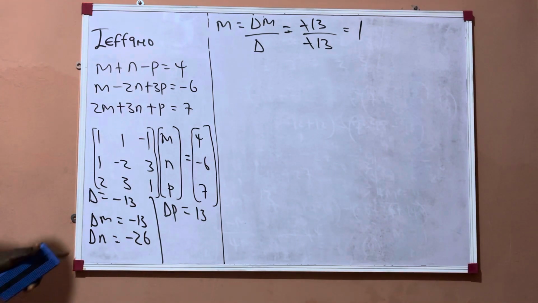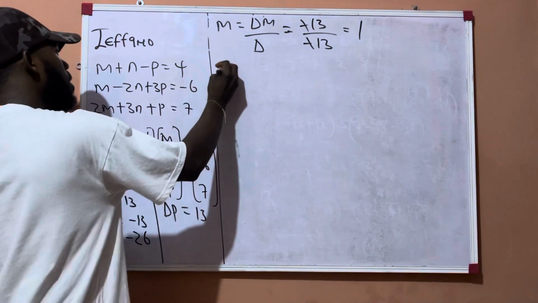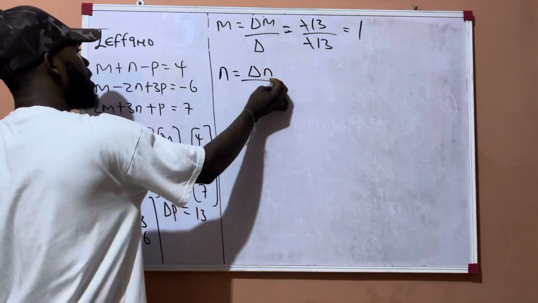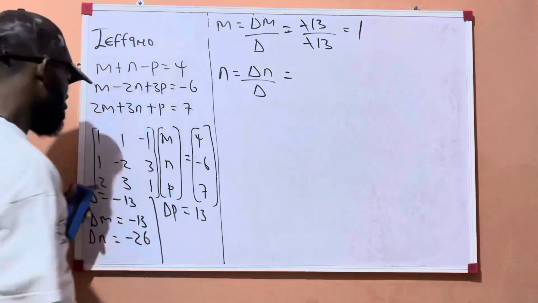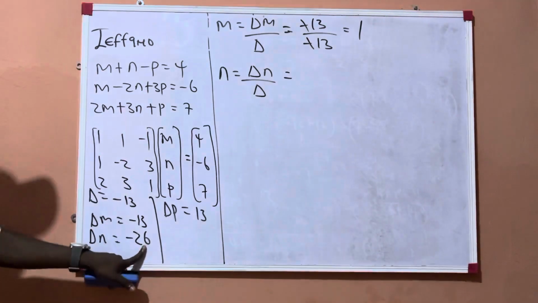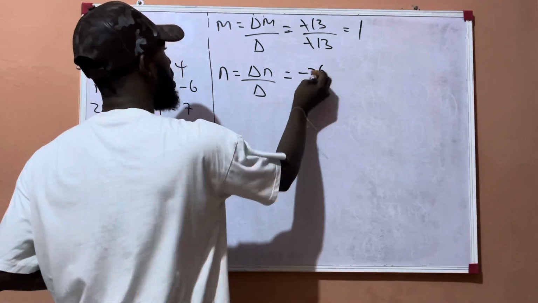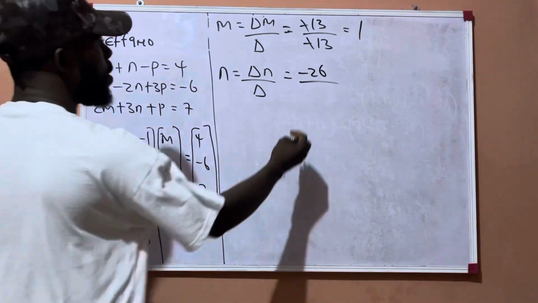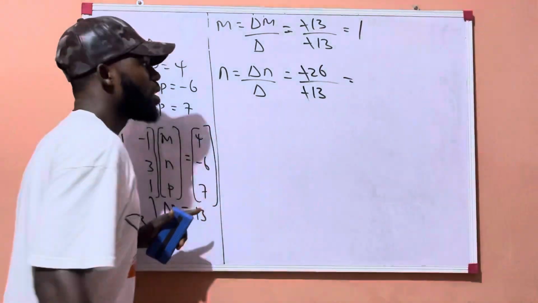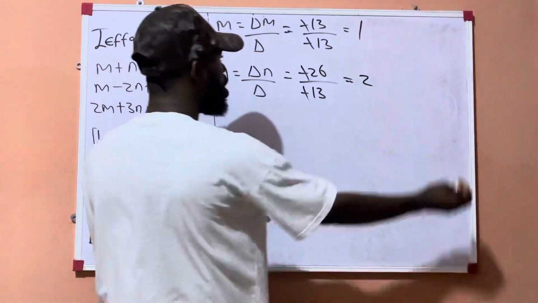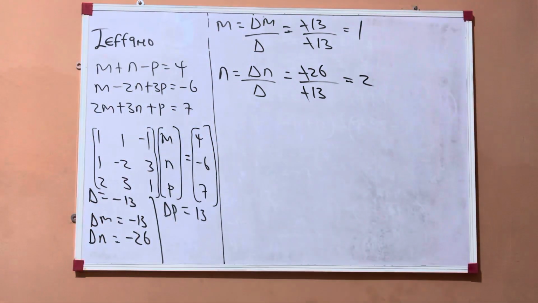Now let's solve for N. To get N also, the formula is change in N over change. The value for change in N was minus 26 over, my change is also minus 13. Now, when minus cancels, minus 26 divided by 13 is 2. So the value of N is 2.